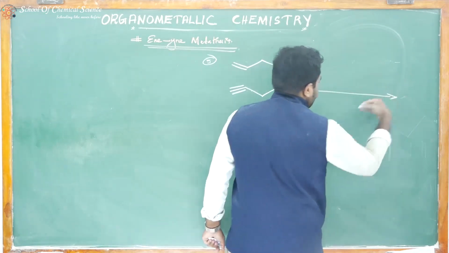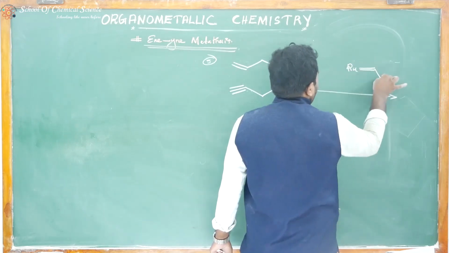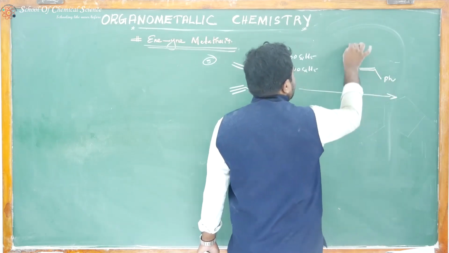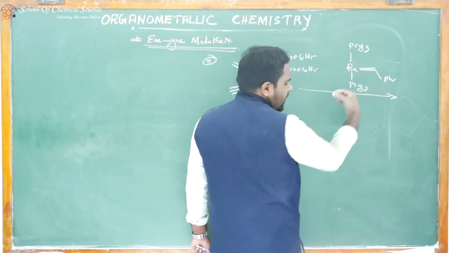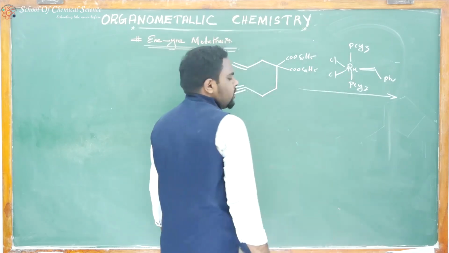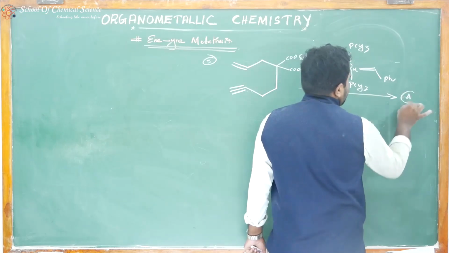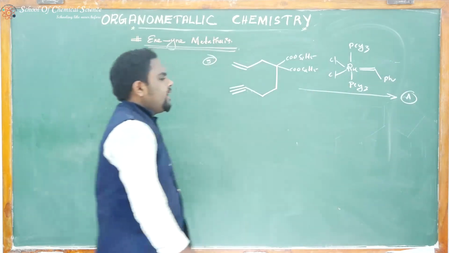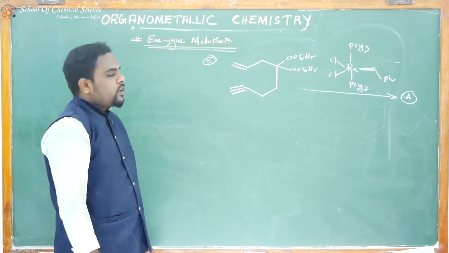Above the arrow, Ru double bond Ph, PCy3, PCy3 with 2 chlorine. Then a product A will be formed. Identify A. That is the question. What is the product A?